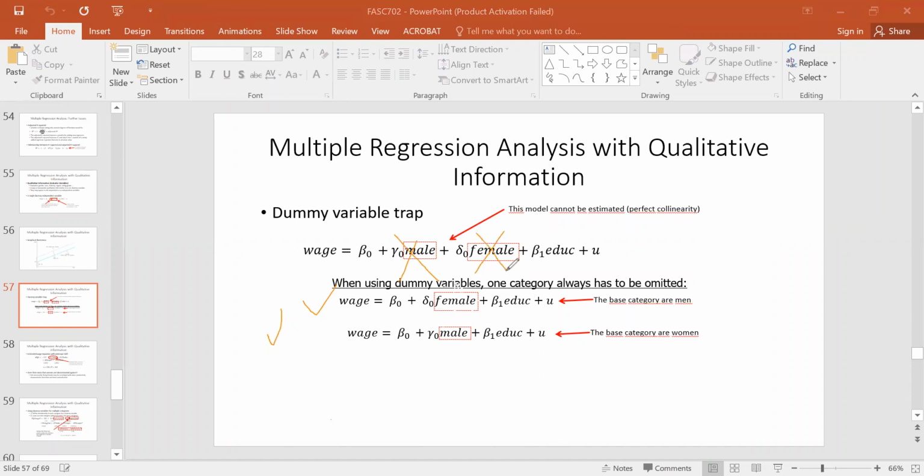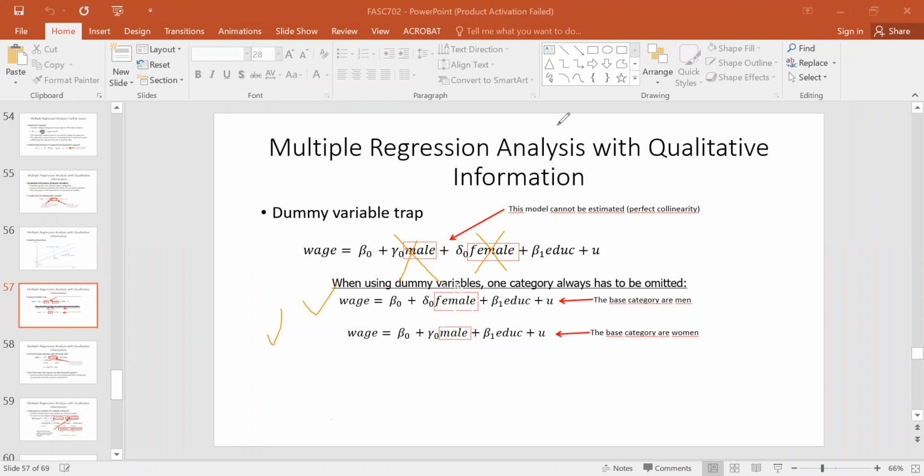There's perfect collinearity. If a person is not a male, he's a female. So you cannot have these two variables. This one will give 1 to female, 0 to men. This one will give 1 to men, 0 to female. They have the same information actually, and they are perfectly collinear. So you cannot have both. The model cannot be estimated. That's called the dummy variable trap.